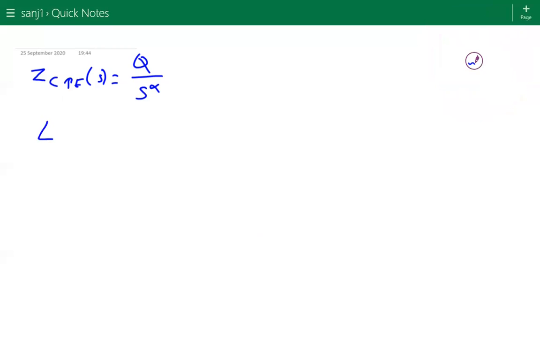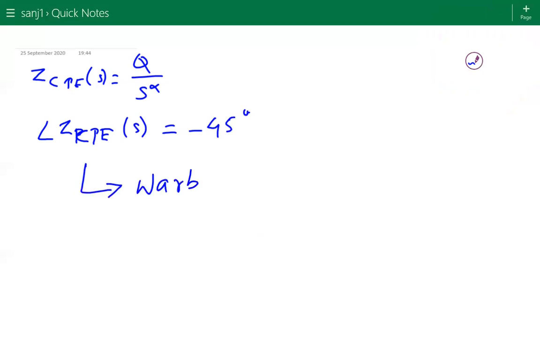Now if the angle of ZCPE becomes minus 45 degree, then this CPE is called a Warburg element.